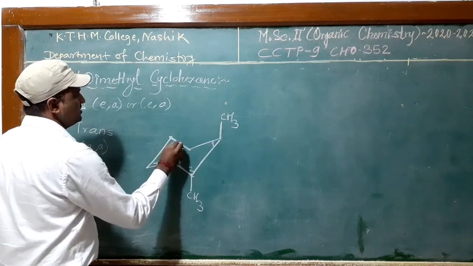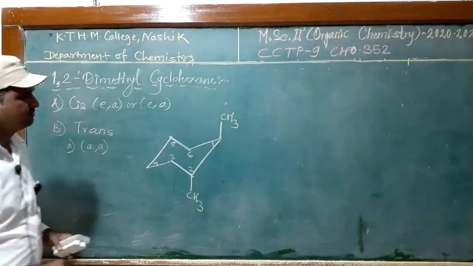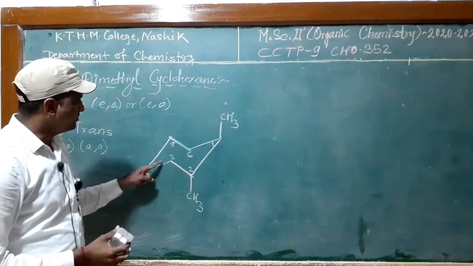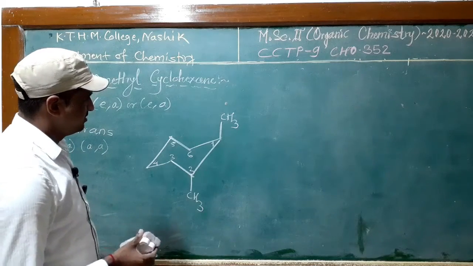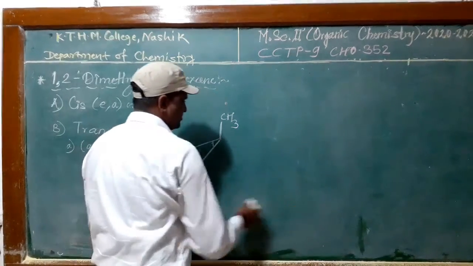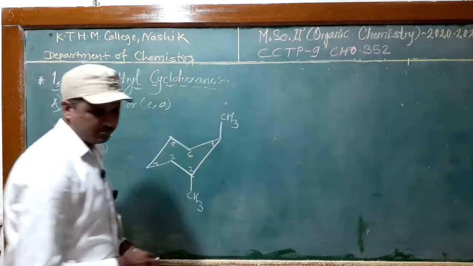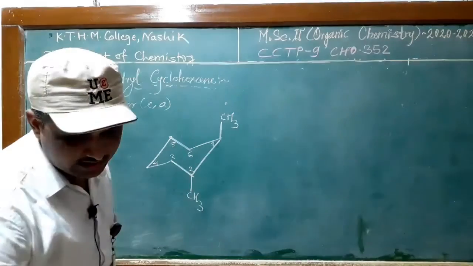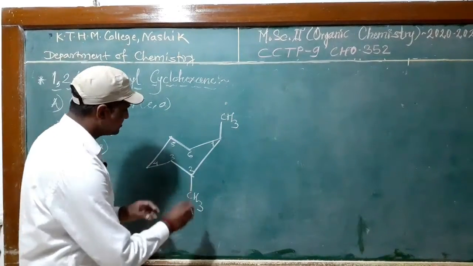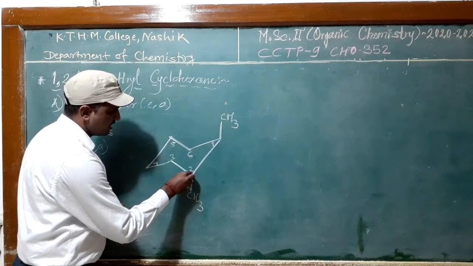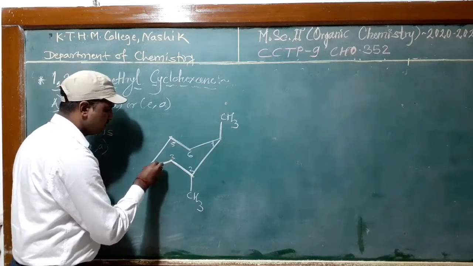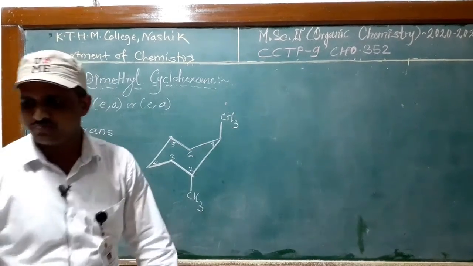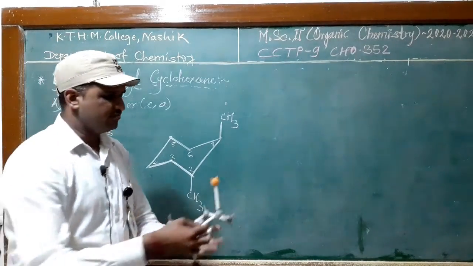The numbering is like this: 1, 2, 3, 4, 5 and 6. In this way, the Newman's projection of this conformation can be drawn by considering the same way, that is carbon number 2, 3 and 4 are the front carbon atoms. The structure of this conformation is like this.